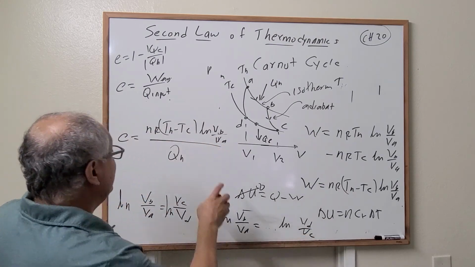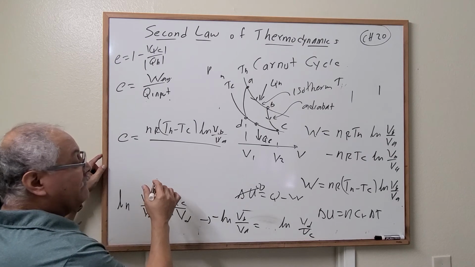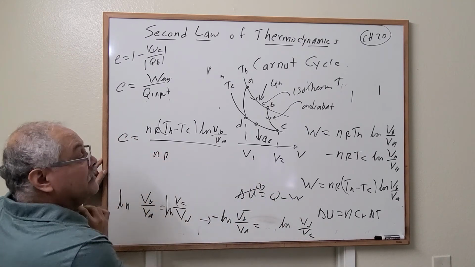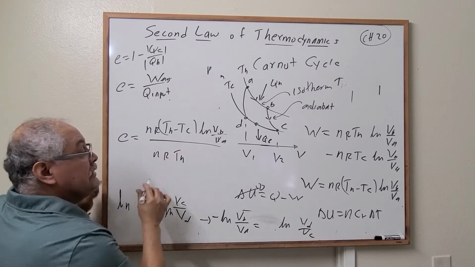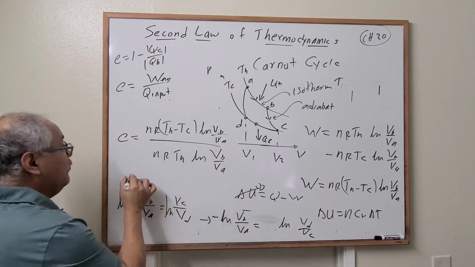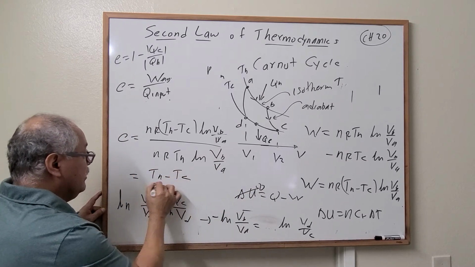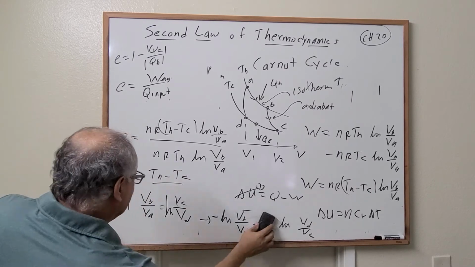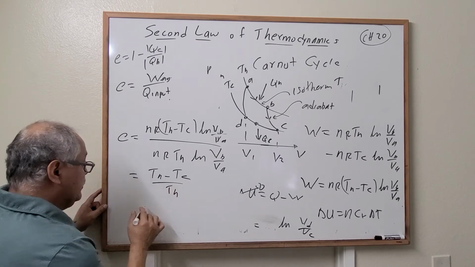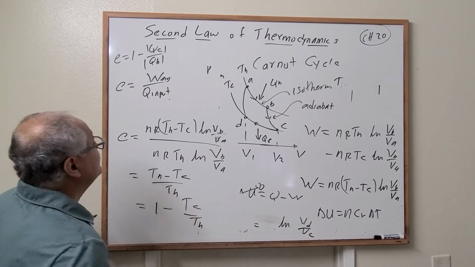Now let's do it right here. So what do we have? We have this divided by nRT_H ln V_B over V_A. And what is this? Well, this is just (T_H minus T_C) over T_H. All this is equal to 1 minus T_C over T_H.